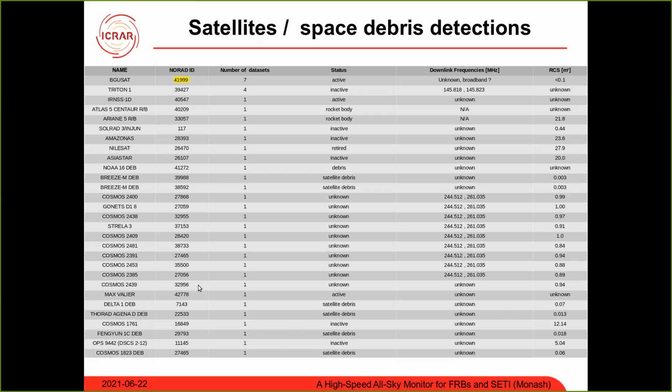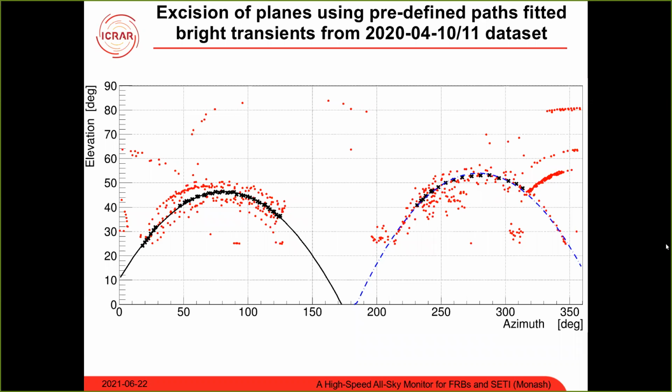So there were many points where these objects were observed, which makes me quite confident that these are not random matches, because the probability of this kind of random matches would be very low. As you can see, satellites are becoming quite an issue for low frequency, and not only low frequency, radio astronomy in general. Other objects producing false positives are planes, which I tried to exclude using some predefined flight paths.